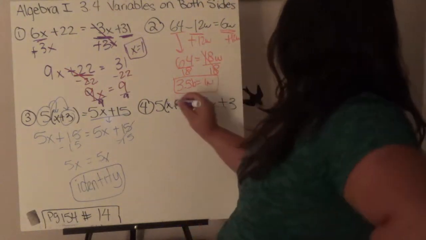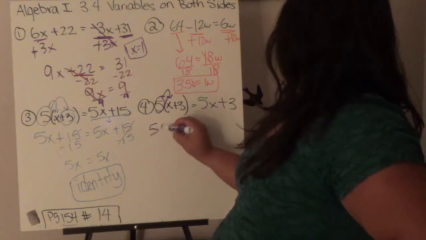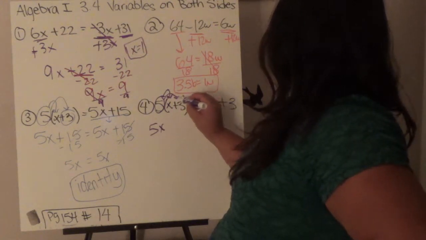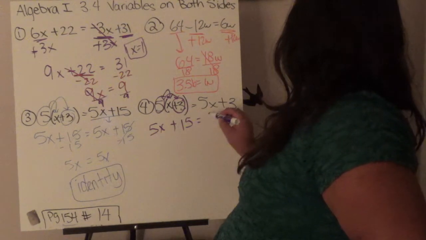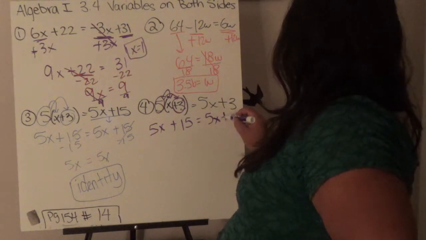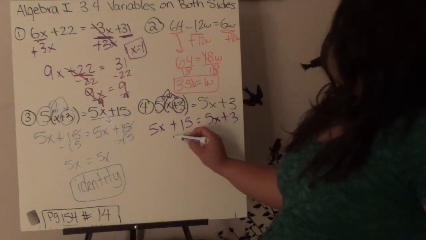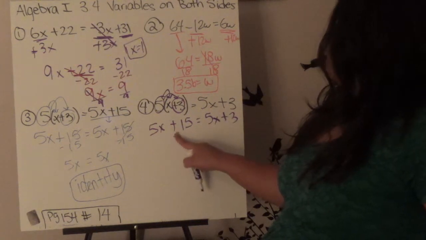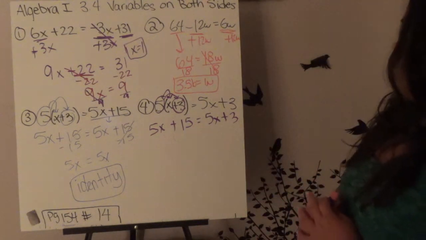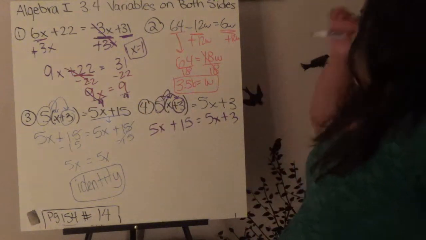So let's try the next one. It's the same thing. I'm going to take 5 and I'm going to give it to each one. So 5x, and I'm going to give it to positive 3, equals 5x plus 3. Alright? So let's start with subtracting 15. Well, let's get rid of this x right here. Okay? I want to bring all the x's to one side, just like I did in the prior.